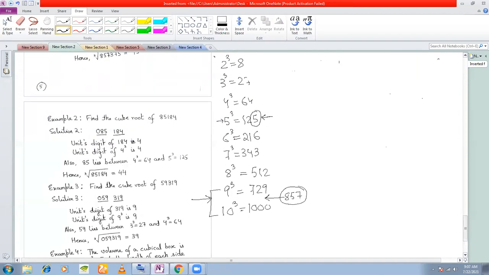Remember, this list you have to keep in mind, okay? Whenever you are finding cube root by the approximation method, this list you will have to keep in mind.